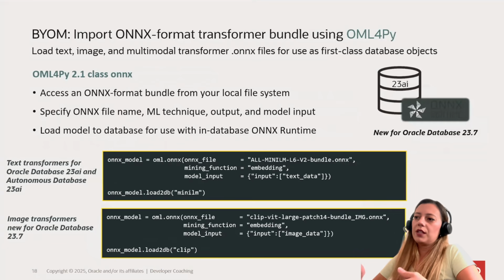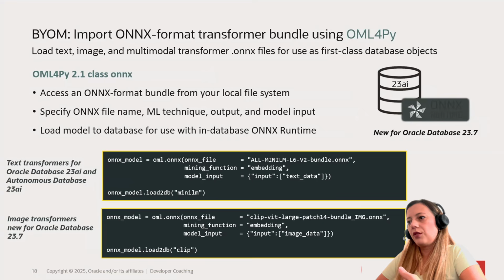Now, we have seen how to create these bundles directly from Hugging Face. Here, we look at a second path. We can import an existing ONNX bundle into the database using the same OML4Py. In version 2.1, we have an ONNX class that will let us point to an ONNX file on our local file system. As you can see in the first example, this is the name of our model, and we describe how we want to use it, the mining function.